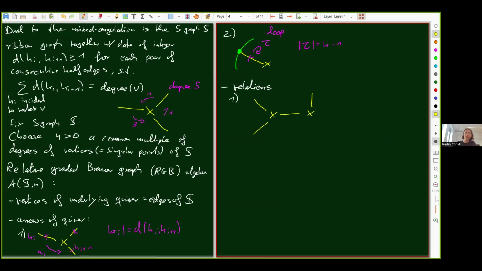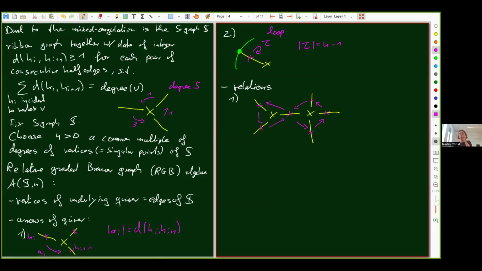I'll explain the relation with the Brauer graph algebras a bit later. So this is our S graph. Then this is our quiver, right? Locally, the quiver looks like that.